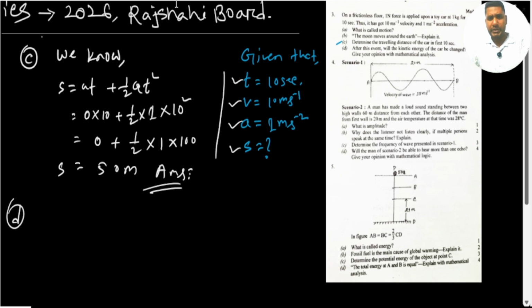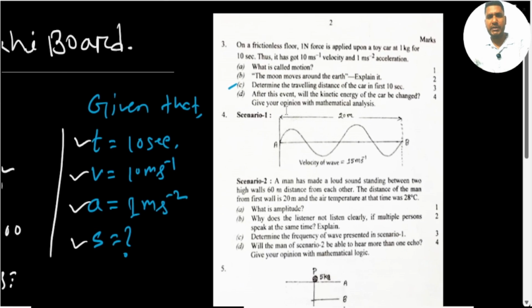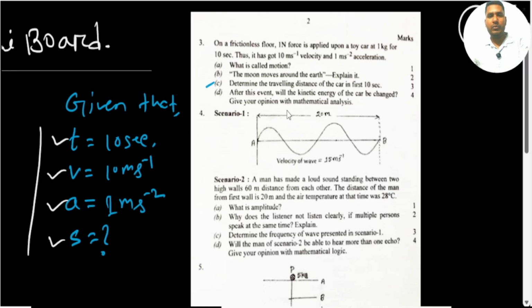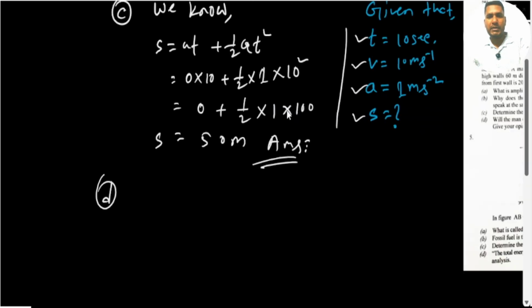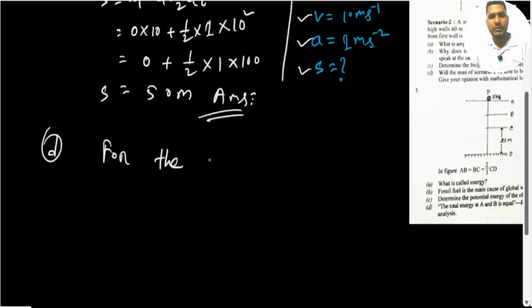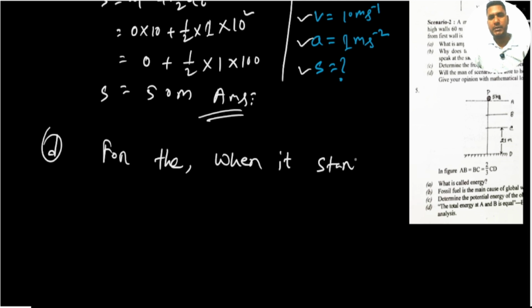Listen, the body moves from rest position here. According to the question, we know the body starts from the rest position, and we know when the body was in rest position, the kinetic energy will be 0. For the body when it starts to move, initial velocity was 0.